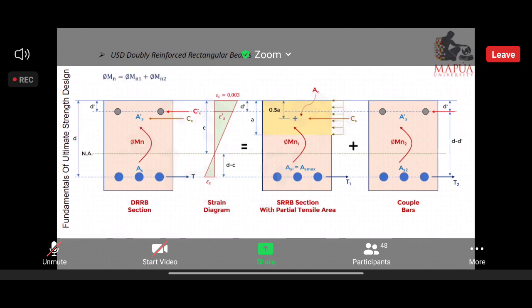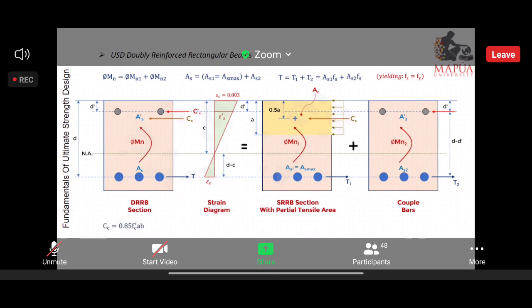So we know this as the summation of Mn, that will be Mn1 plus Mn2. And this will be As1, which is the maximum, plus As2 as the total As. And then we know this as T, T1, T2, As1 fs, As2 fs. The yielding setup is fy.